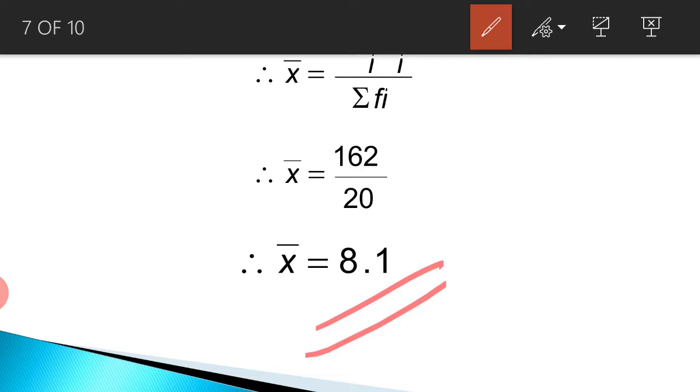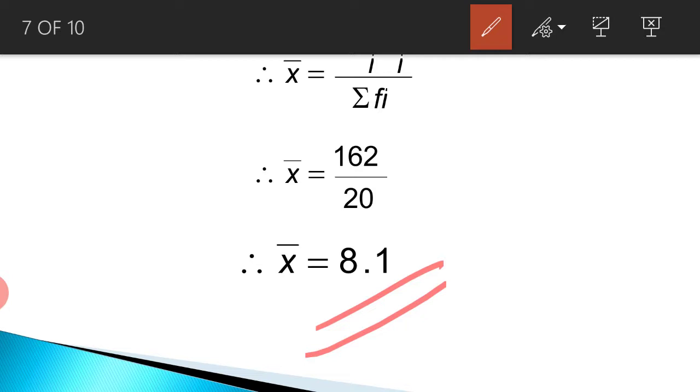So you cannot say that the class mark is always the correct representative. It is our assumption, and that's why whatever mean we obtain in the case of group data is approximate. But you will find it's not very far from the actual value. Is it clear? So this is the approximate value of the mean, and we take it as the correct value.